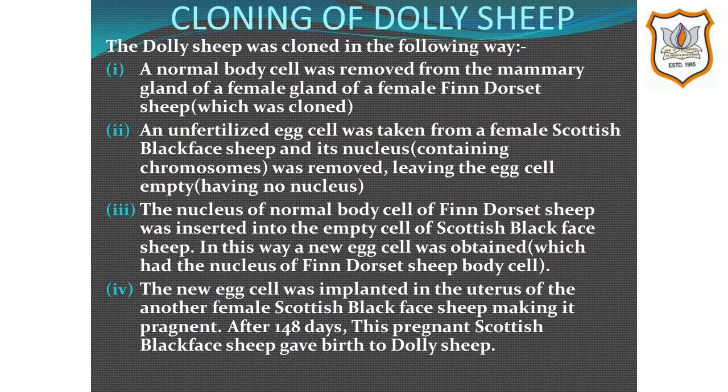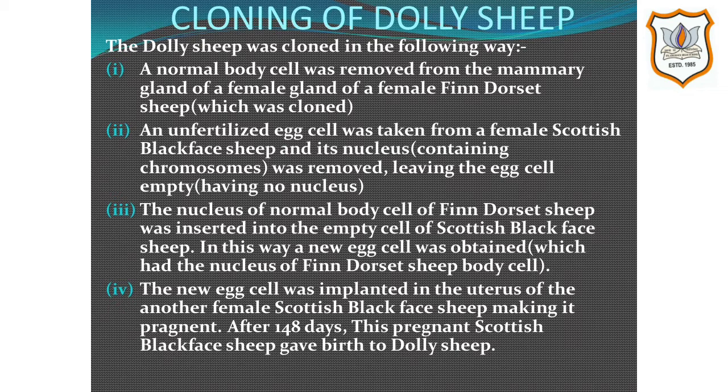How the cloning of Dolly sheep was done, I will explain to you point-wise. It means step by step. So, cloning of Dolly sheep. The Dolly sheep was cloned in the following way. First step is the normal body cell was removed from the mammary gland of the female Finn Dorset sheep, which was to be cloned.